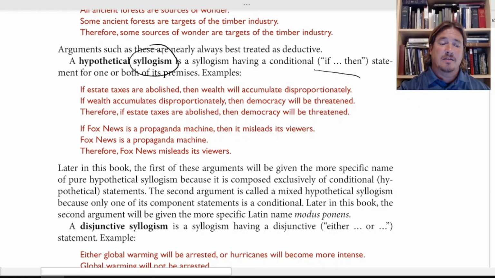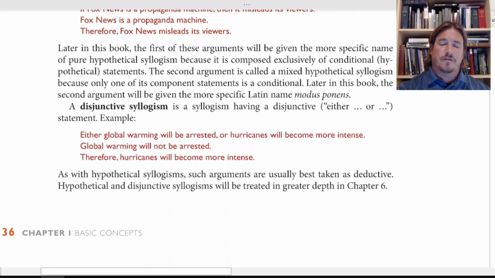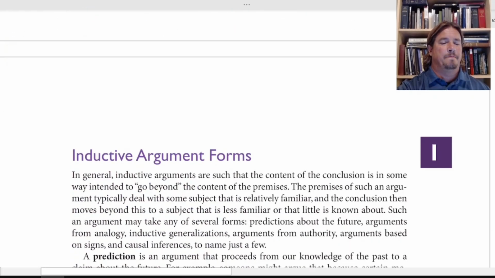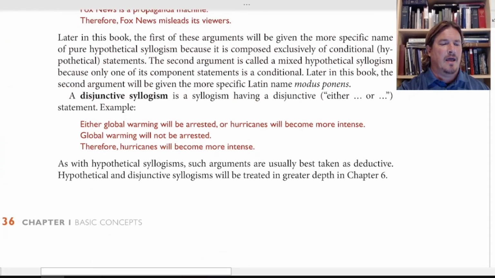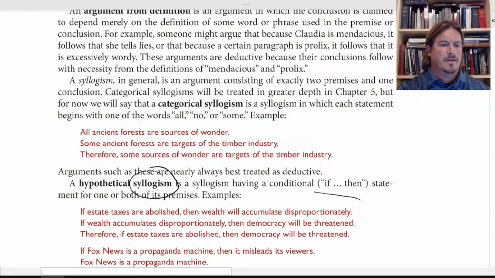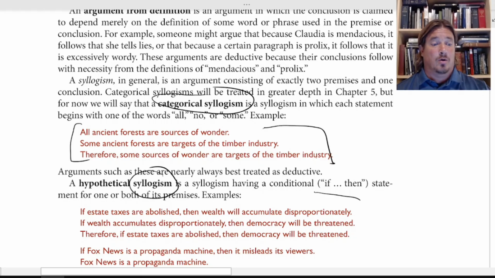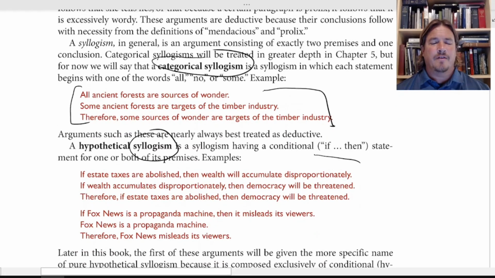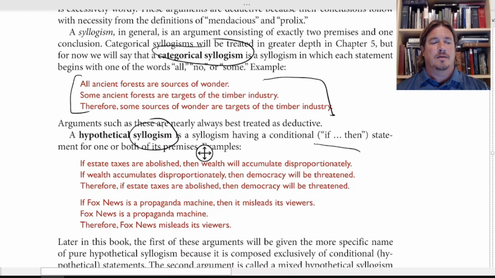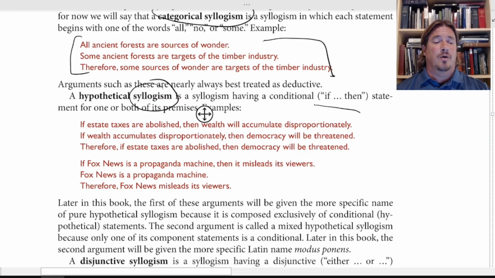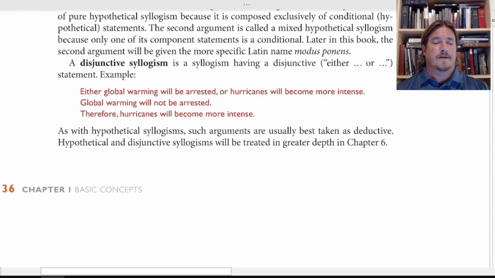So like an if-then syllogism, disjunctive syllogisms, and I think categorical syllogisms are those. Yeah, here's categorical syllogisms. Right, these are the ones that I gave about the dogs and the poodles. Again, they all have this structure that if the premises are true, the conclusion is claiming at least to follow with strict logical necessity.